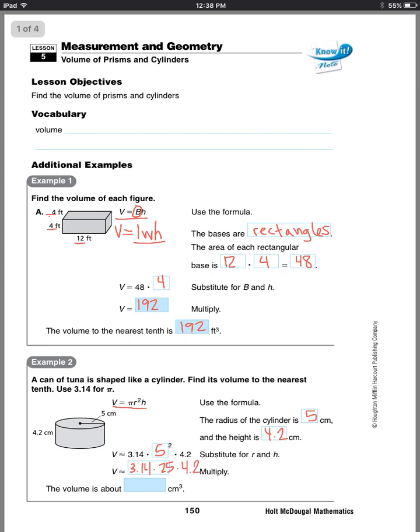And when we multiply those 3 numbers, we get 329.7 centimeters cubed. So area of a 2-dimensional object just had a little 2. The volume of a 3-dimensional object has a little 3 there when you label it.